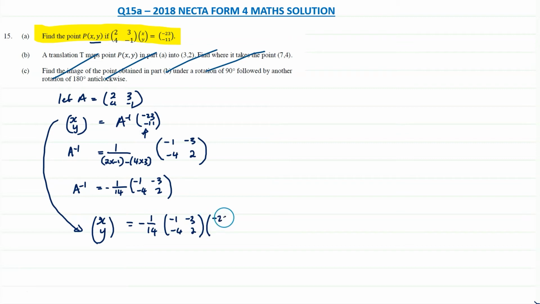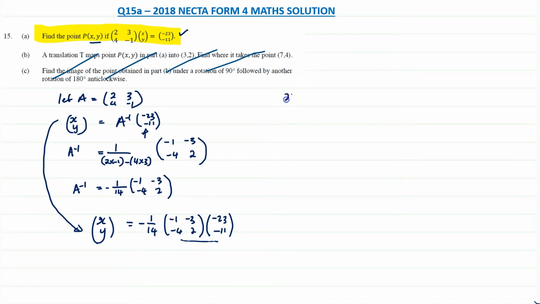So (-23, -11). Remember, this point is obtained from here. All I have to do now is multiply. I'm going to multiply these two matrices first, and then come back to this number outside.